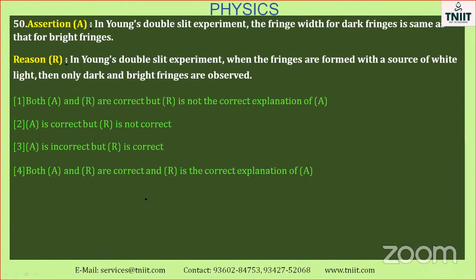One more statement you got related to assertion and reasoning question. In Young's double slit experiment, fringe width for the dark fringes is the same as that of the bright fringes. You know that fringes are equally spaced.